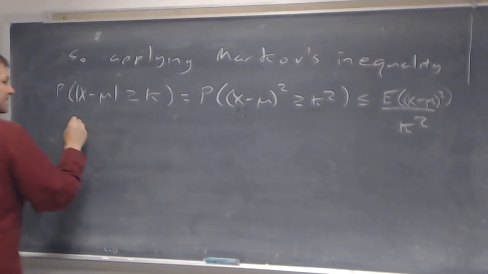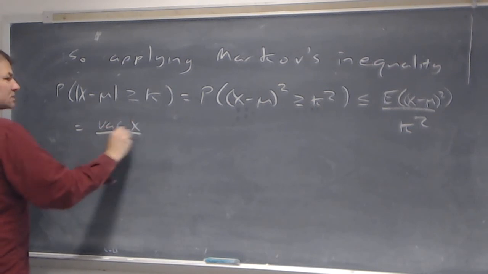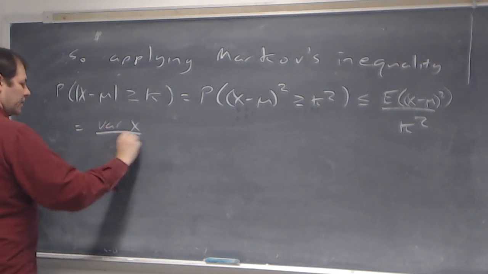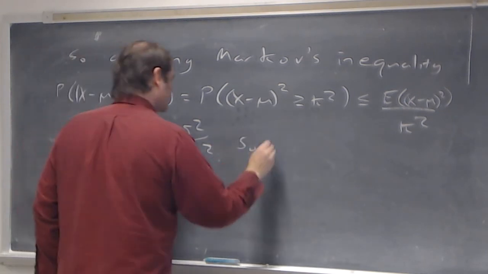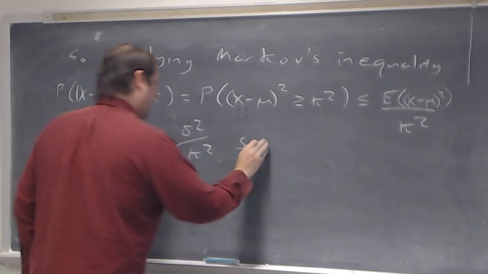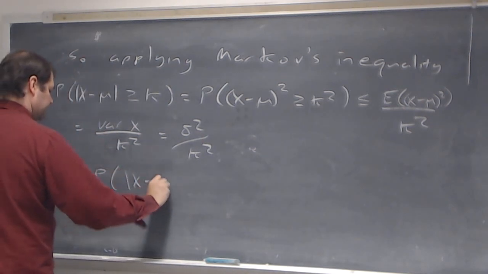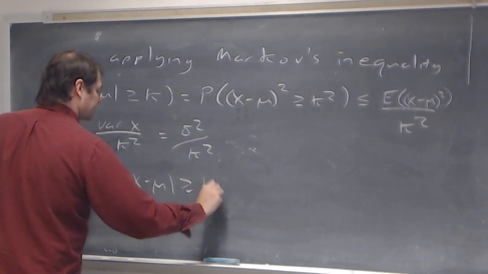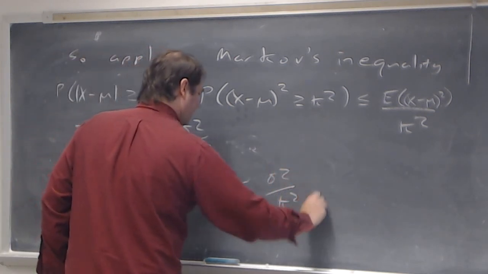But that top is nothing more than the variance of x over k squared, which is equal to sigma squared over k squared. So as a concluding statement, we have that the probability that the absolute value of x minus mu is greater than or equal to k is less than or equal to sigma squared over k squared. And that's the proof.